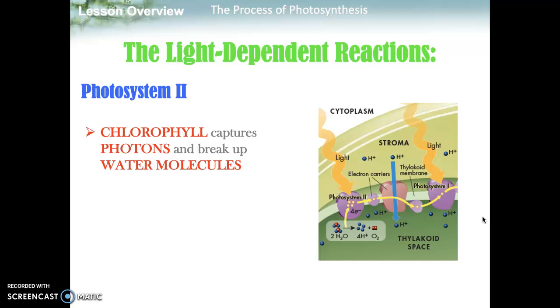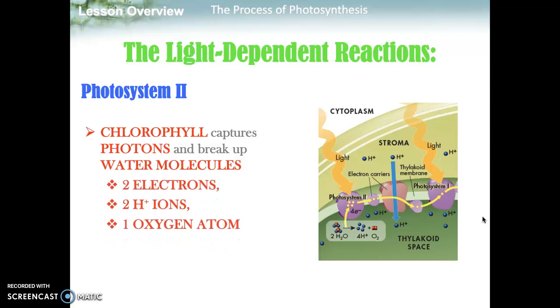So again, we need water molecules for Photosystem 2. When this happens, we get 2 electrons, 2 hydrogen ions, and an oxygen atom. So again, the products of Photosystem 2, all of them being very important, are 2 electrons, 2 hydrogen ions, and 1 oxygen atom.